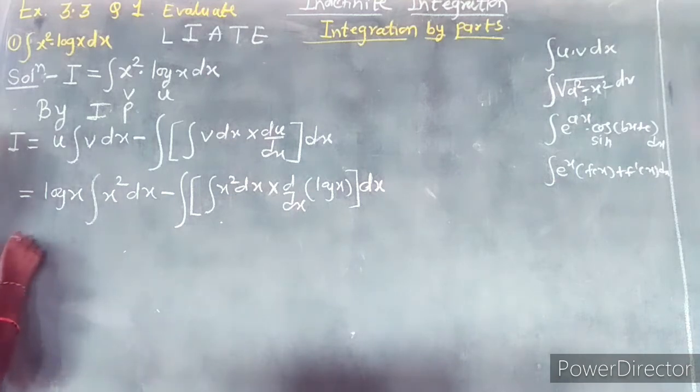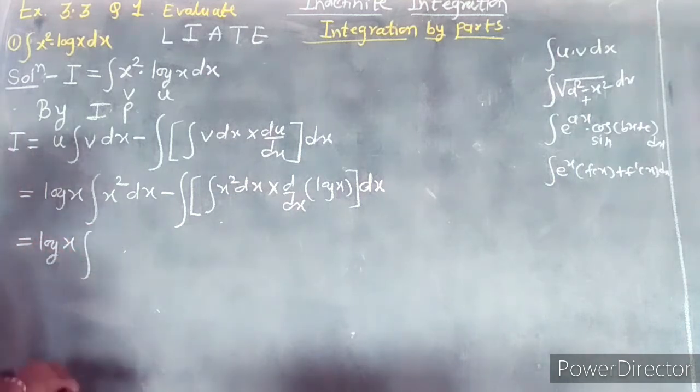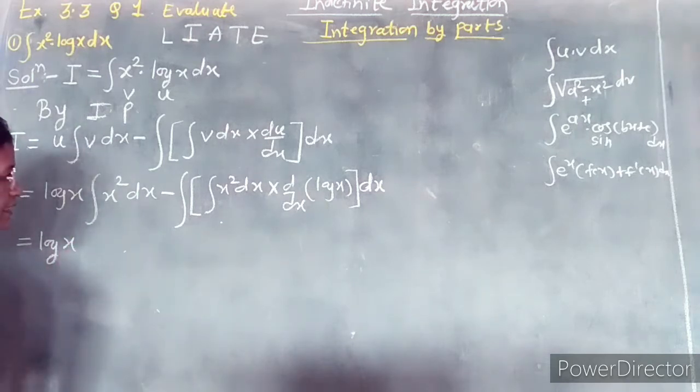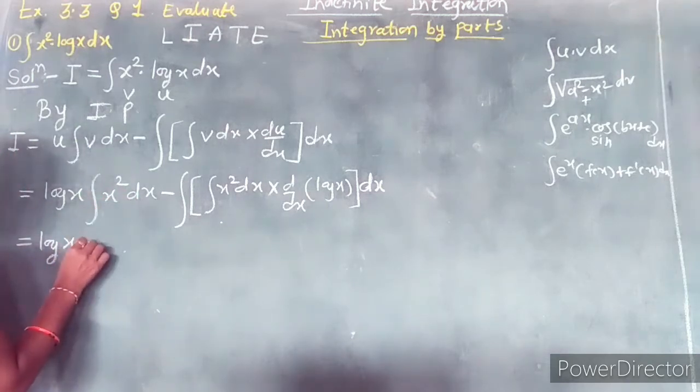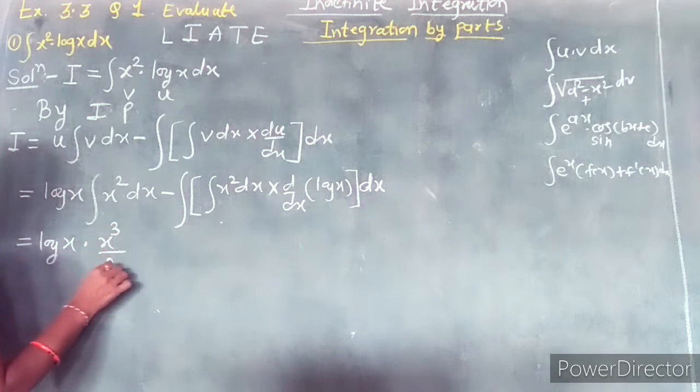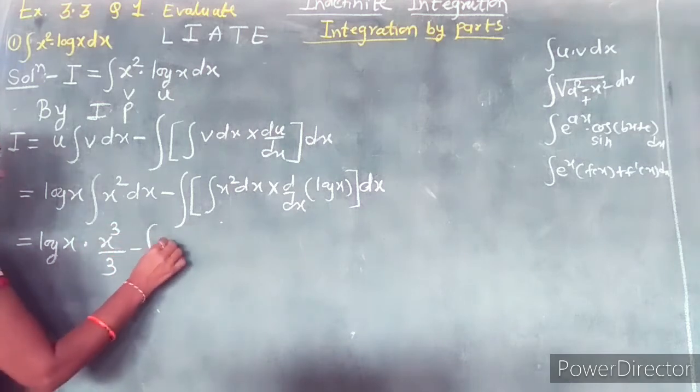So we find the value of this integral. What is the integral of x square? That is x cube by 3, minus the outer integral.